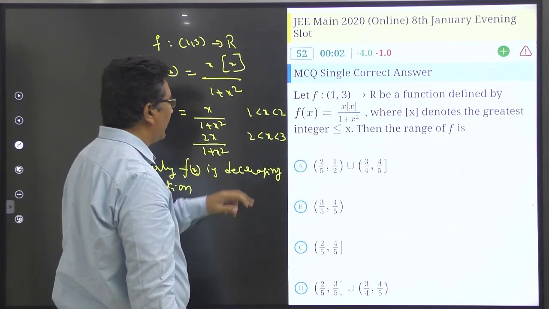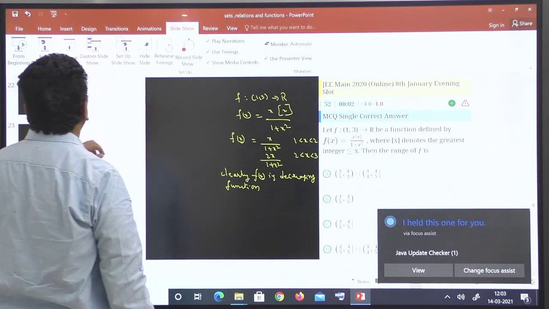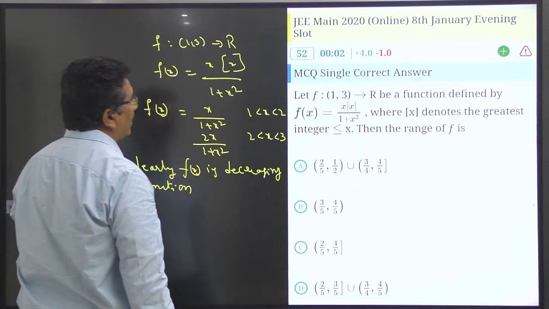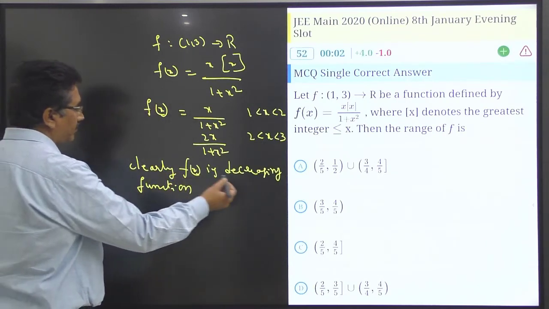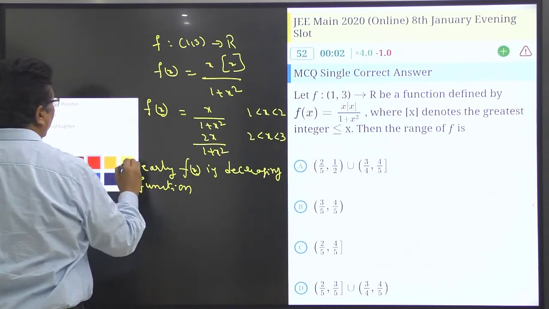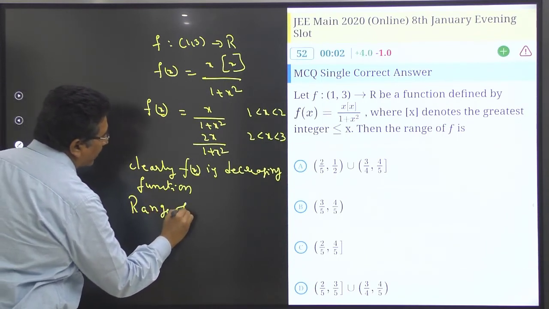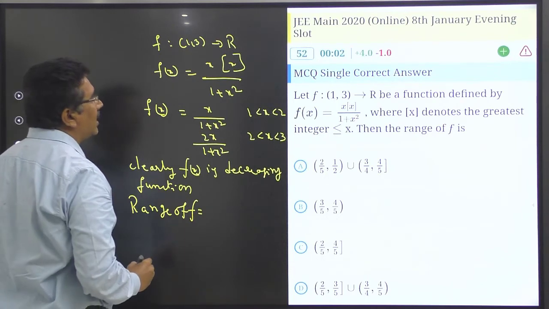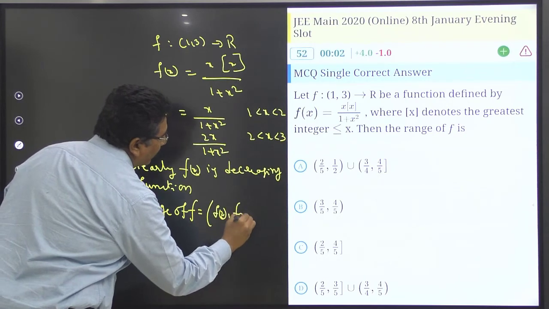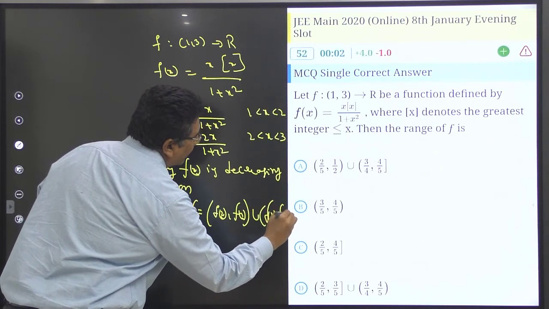Therefore, the range of f is equal to (f of 2, f of 1] union (f of 3, f of 2].